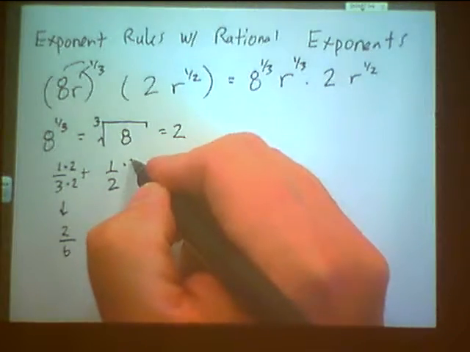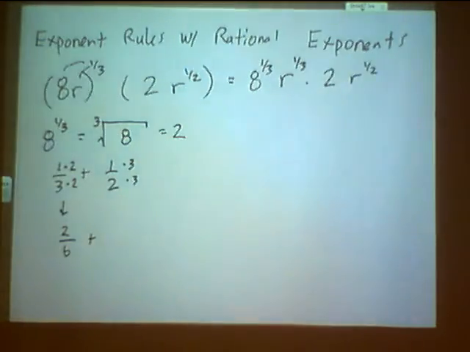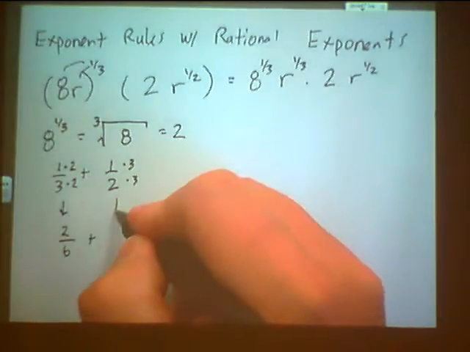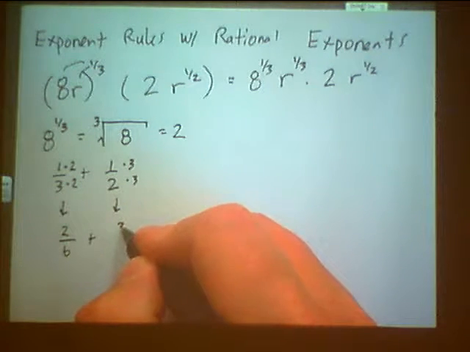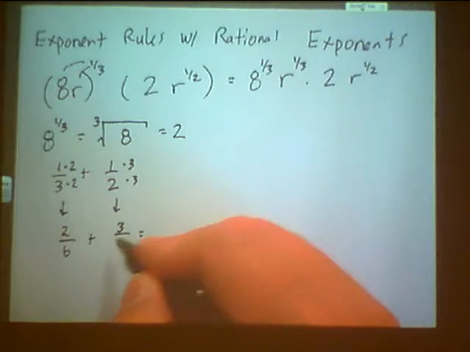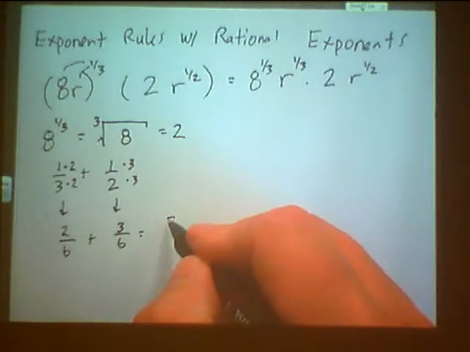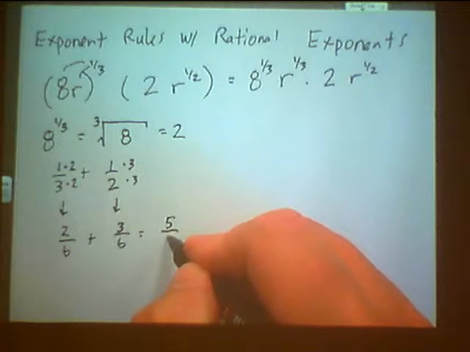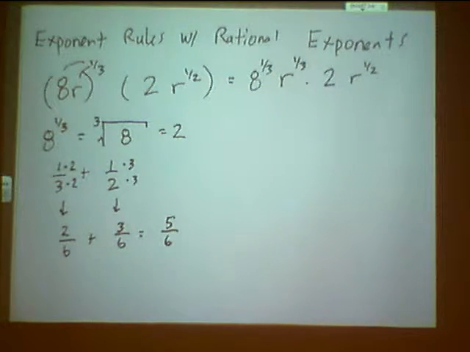The second fraction I multiply by 3 over 3, and I have 3/6. So now 2/6 plus 3/6, you add the numerators and write it over the common denominator, and it's 5/6.